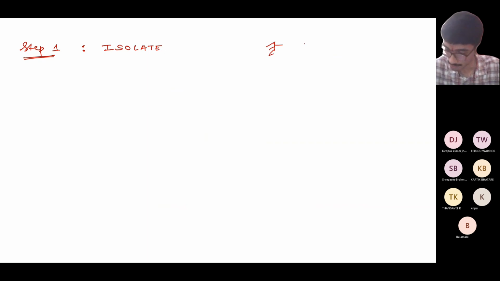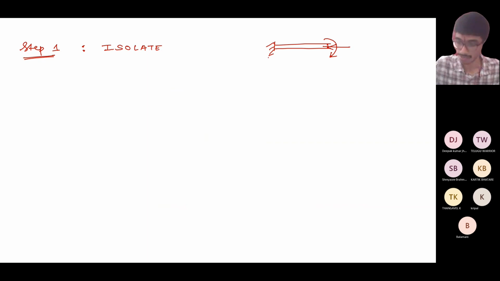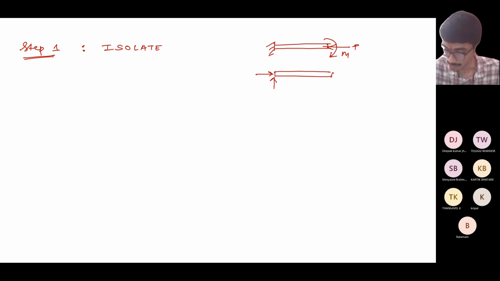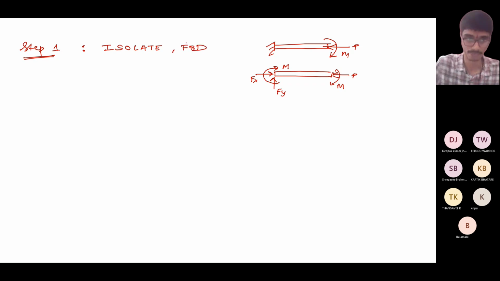You have this subjected to some loads; isolate it. Denote the unknown reactions, M, Fx, Fy, P, and get the free body diagram. Step 2 is to find the reactions.